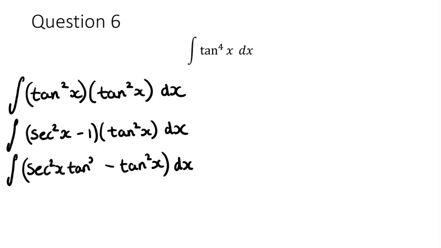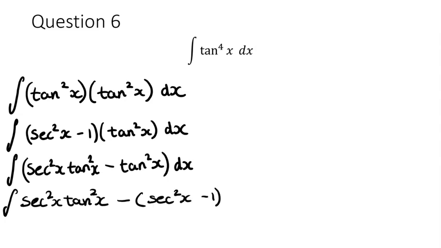Tan squared x. Okay, so I'm going to multiply that all out, and then what I'm going to do is rewrite the tan squared again using that identity that is sec squared minus 1.